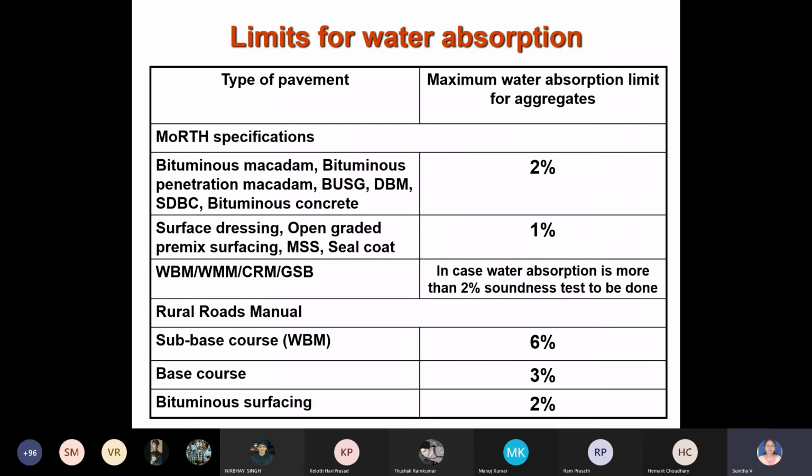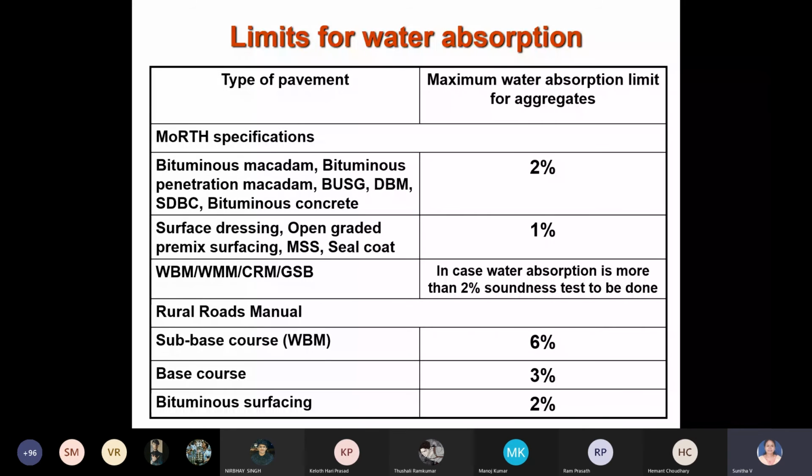Then the limits of water absorption. As per the MORTH specification, for bituminous macadam, that is the top surface layer, it should be 2%, and for above that, like the seal coat you provide, it should be still lesser, only 1%. For WBM, WMM, CRM and granular subbase, if the water absorption is more than 2%, a soundness test should be done.